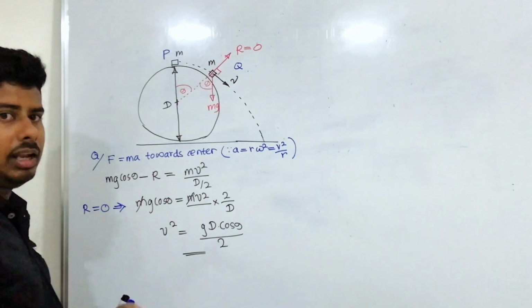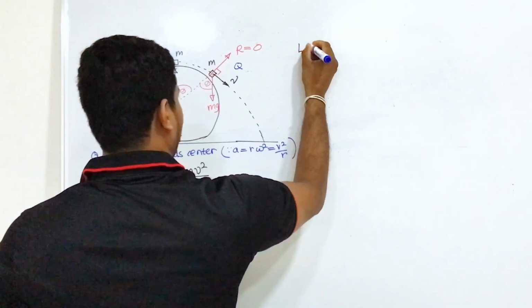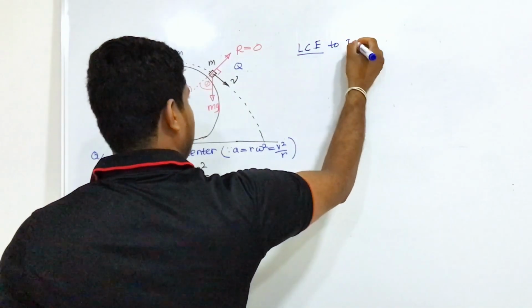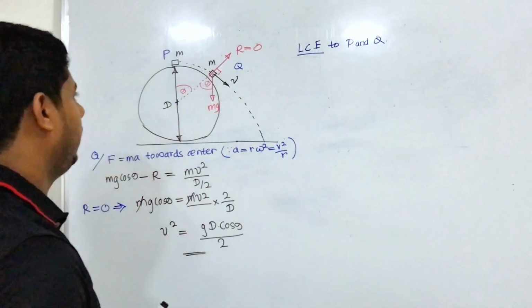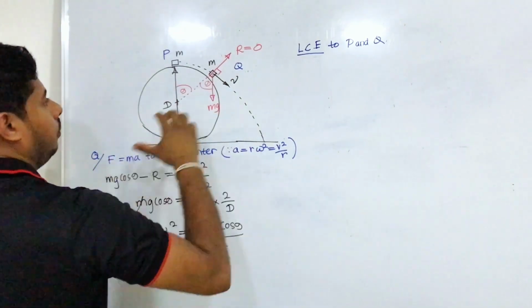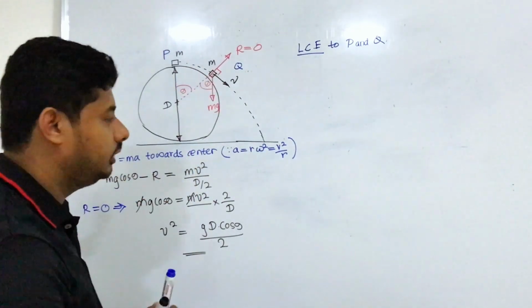For that, I can apply the law of conservation of energy. So I will apply the law of conservation of energy to P and Q. Okay, so we will see how to apply. We know here it only has potential energy.